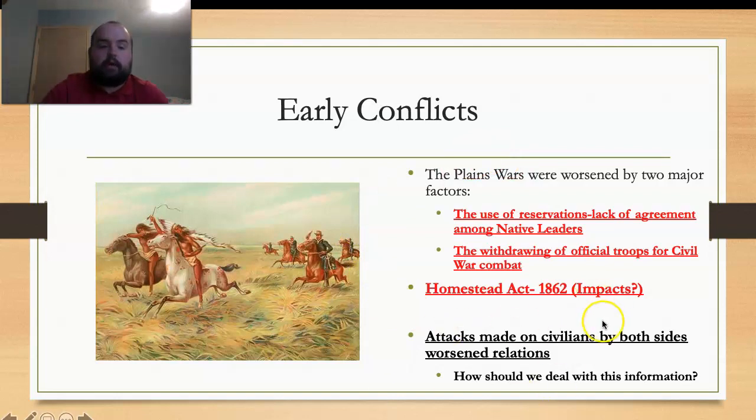So although there were violent attacks by both sides, and that does need to be acknowledged, it's important to remember that the cause of these wars was primarily the expansion of American power west. Native Americans weren't expanding onto American land, we were expanding onto their land. Now, does that justify every single attack that was made? That's more or less up for you to decide, but it is important to remember what actually caused this conflict.